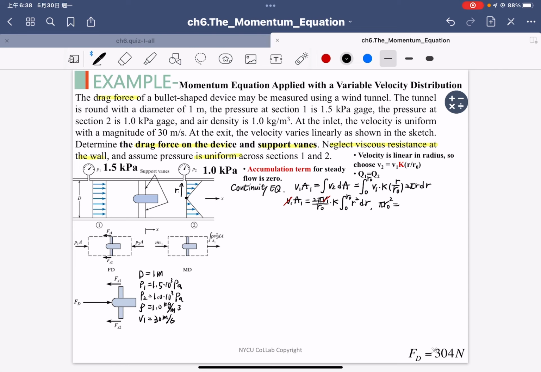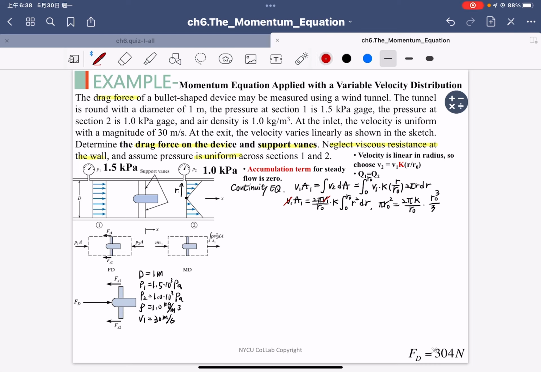Okay, this will equal 2 pi K divided by R0, and then we integrate the problem, so it equals 3 over R cubed. Then we put R0 inside the integration result, so that will equal R0 cubed.